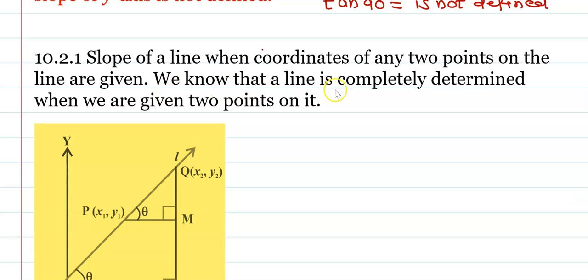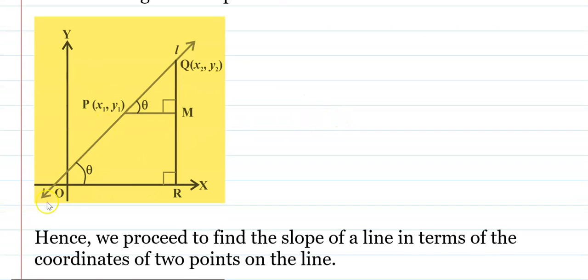We know that a line is completely determined when we are given 2 points on it. We can find the equation of a line when we know 2 points of the line. Now see this here, the x-axis and the y-axis. This line L makes an angle of theta in the positive direction of the x-axis. P and Q are 2 points of the line, x1, y1 and x2, y2.